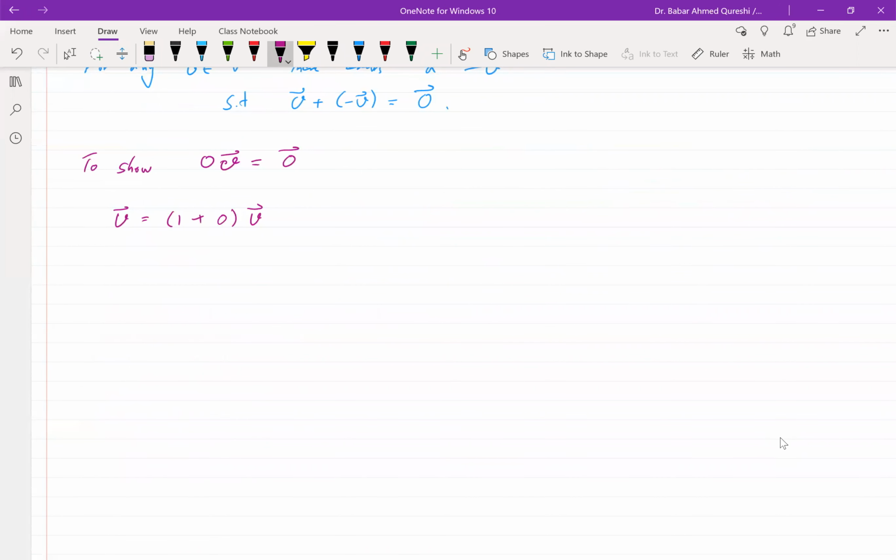Right? So now I use again the distributive law. So that means this guy is the 0 vector, because I'm adding it to V and I get V back. So this implies 0V is the 0 vector.